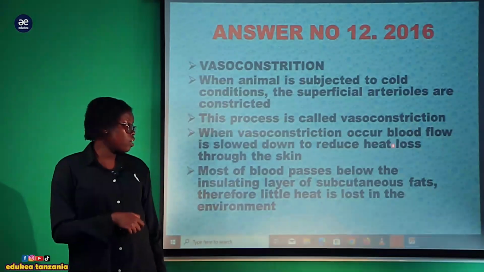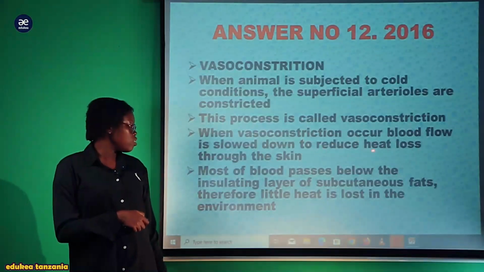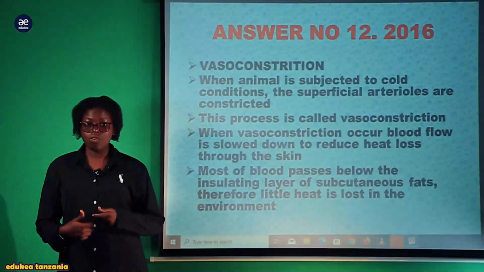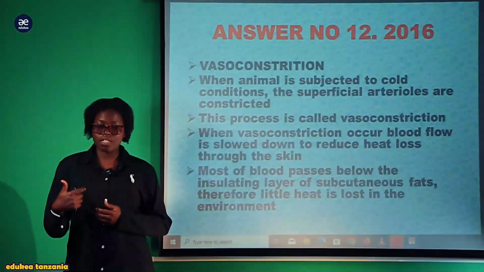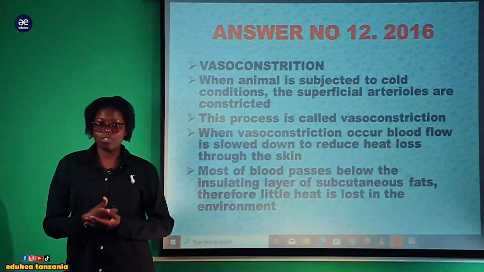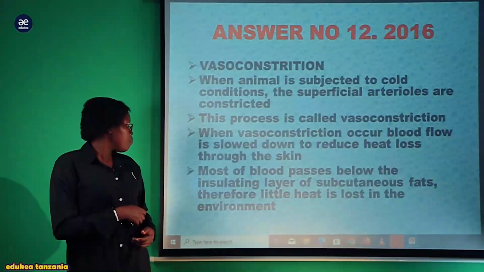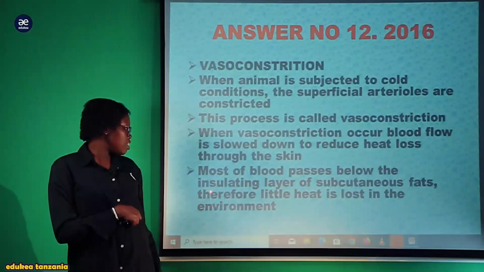When vasoconstriction occurs, blood flow is slowed down to reduce the heat loss through the skin. With a decrease in the amount of blood flowing, or the rate of blood flowing in the skin, it decreases as one of the mechanisms of conserving heat. Likewise, most of the blood passes below the insulating layer of subcutaneous fat, and therefore little heat is lost to the environment.